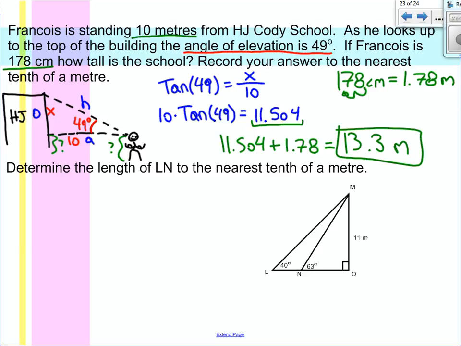Determine the length L to N to the nearest tenth of a meter. So if we look at this triangle, we're looking for length L to N, so from here to here. Unfortunately, that length that we're looking for is not a part of any of our right triangles. So we have 2 right triangles here again. We have this one in blue, and then there's this one in red.